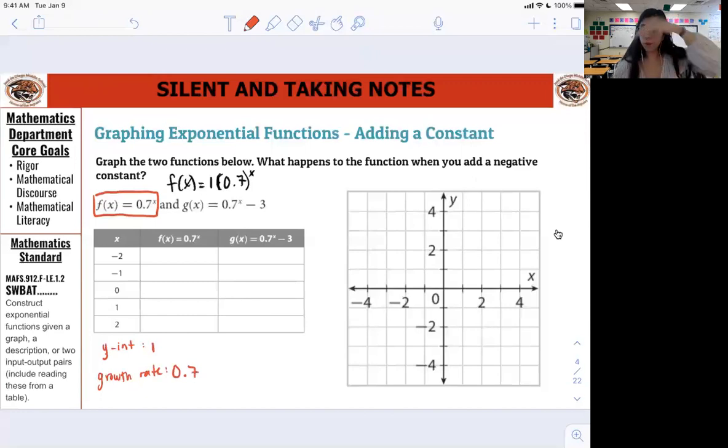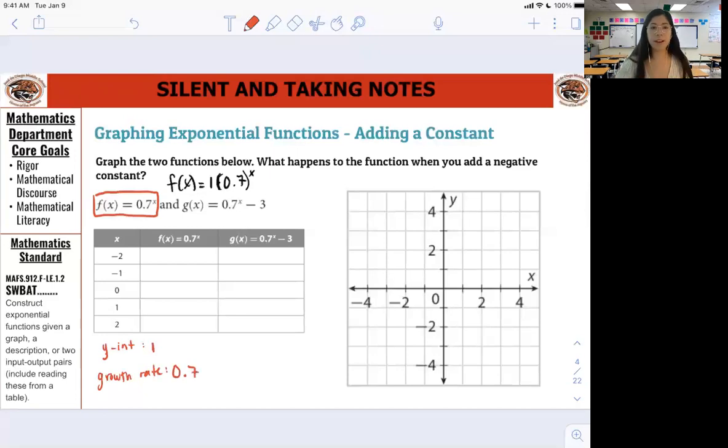So maybe it'll point downwards rather than pointing upwards. That's one possibility. That's a good guess. Anyone else have a different guess? So let's actually find out.